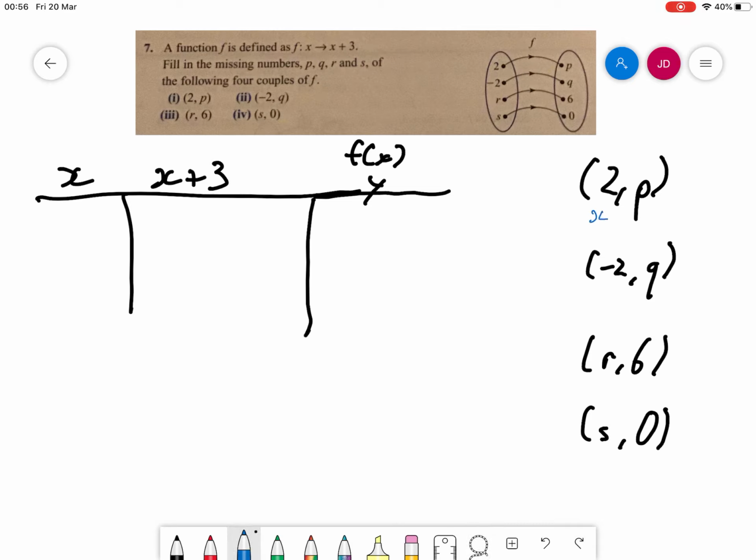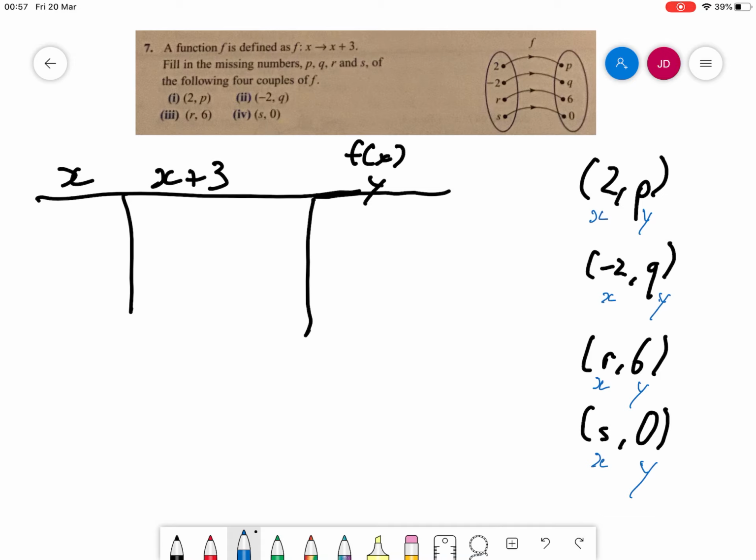So if you can imagine your 2 is your x, your p is your y, your minus 2 is your x, your q is your y. What's your r going to be, do you think? It's an x. And what's your 6 going to be? It's a y, which means your s is an x and your 0 is a y.